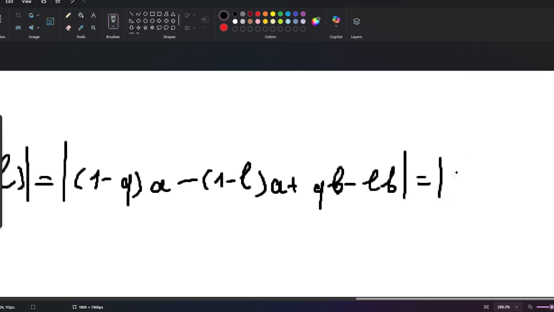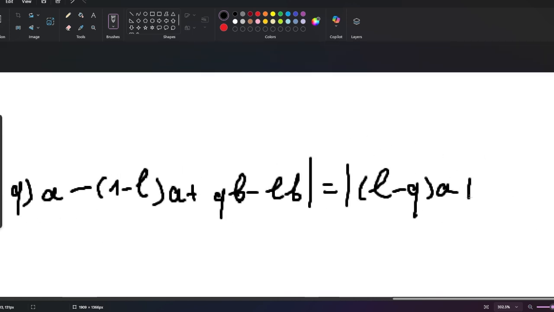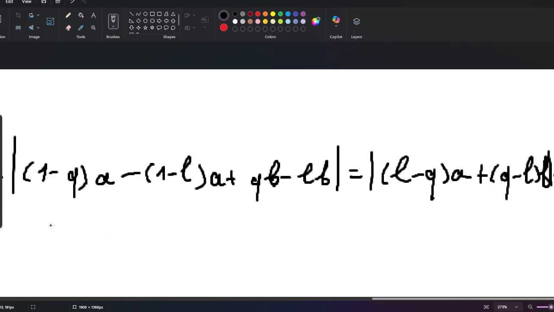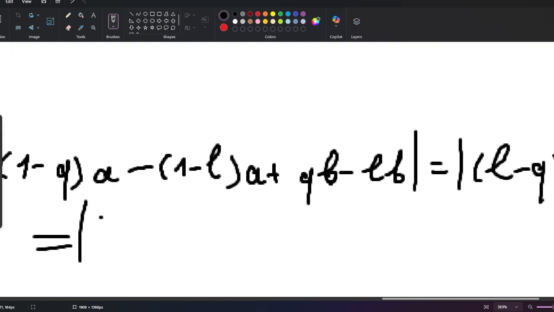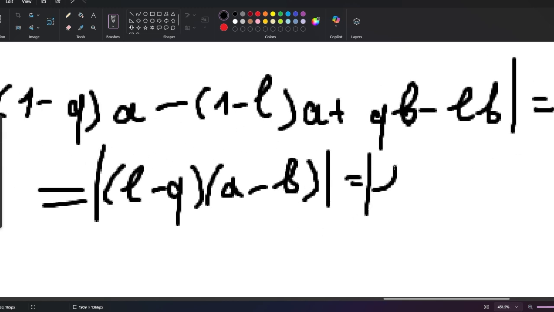Next, that's going to be 1 minus 1 is 0, so (L minus Q) times A plus (Q minus L) times B. Alright, now we can factorize this: (L minus Q) times (A minus B). So in the end, what we have is minus Q times the distance between A and B.